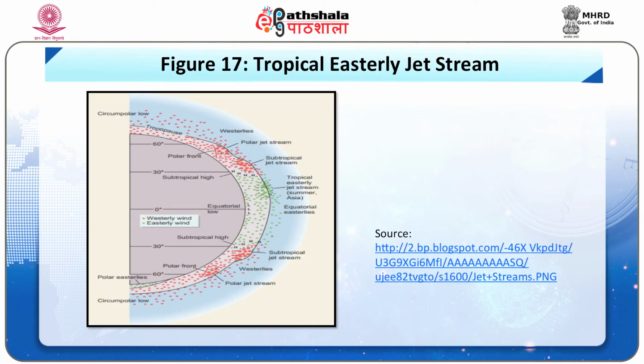Third one is the easterly tropical jet stream. It forms in the upper troposphere over India and Africa in the summer monsoon season only, due to regional reversal of the north-south thermal gradient. They are associated with intense heating of the Tibetan plateau during the monsoon season. The tropical easterly jet stream is limited to the summer season and the northern hemisphere only.